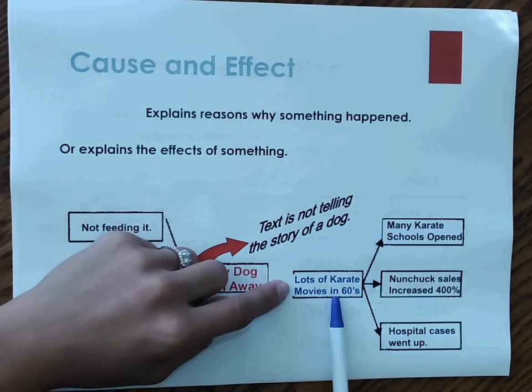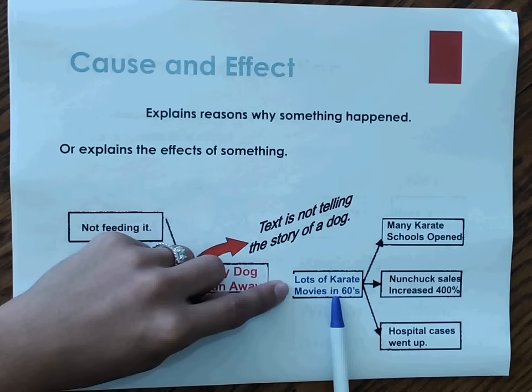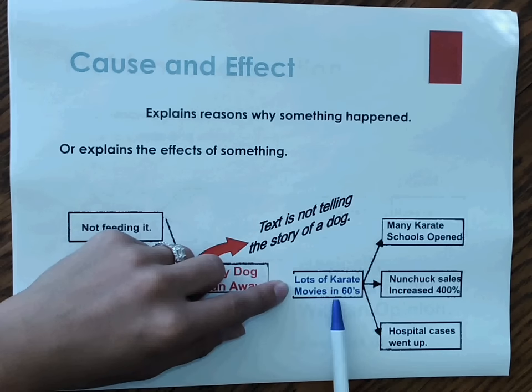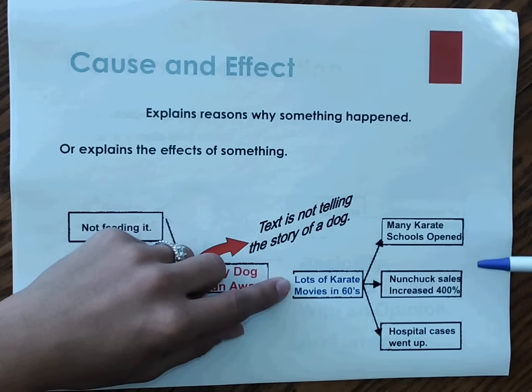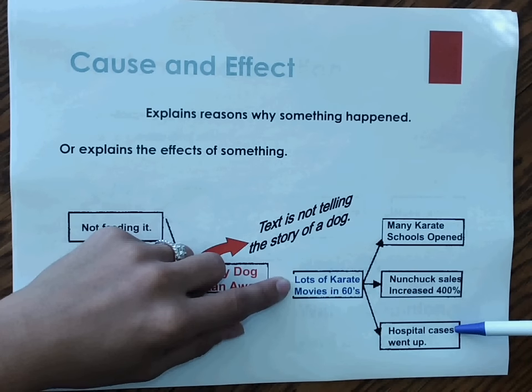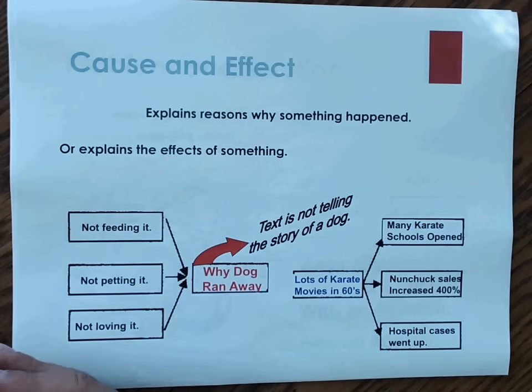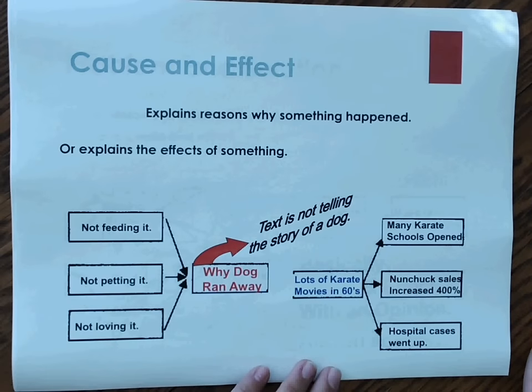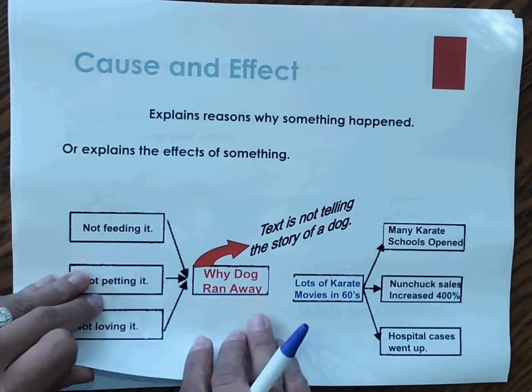Our other example: there were lots of karate movies in the 60s. Because of that, many karate schools opened, nunchuck sales increased 400%, and hospital cases went up. So something happens and it results in something else, or something has happened and it's the cause of all these other things.